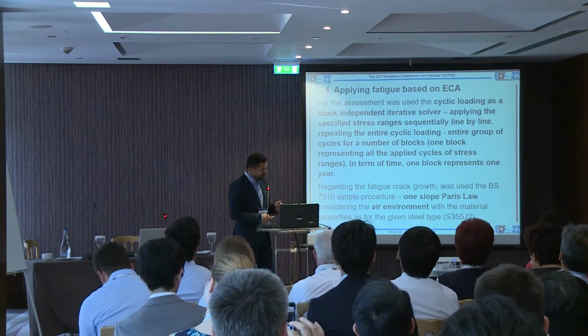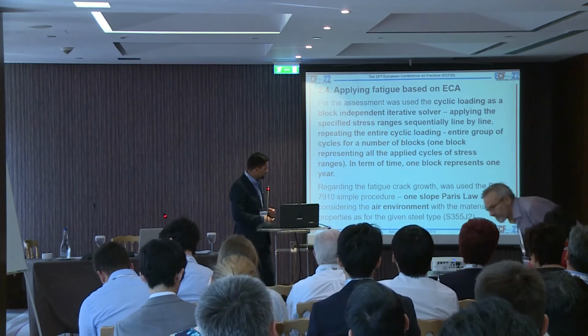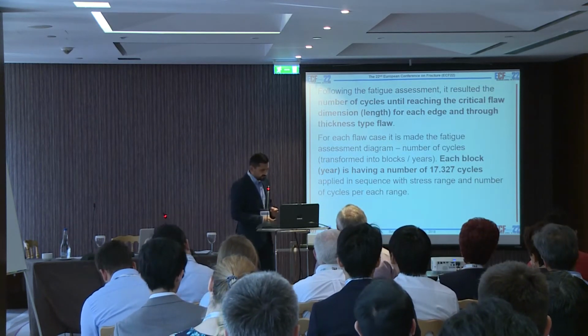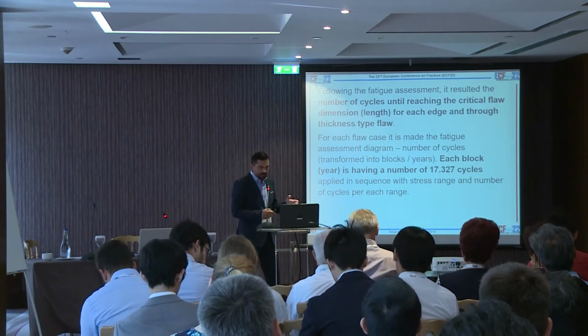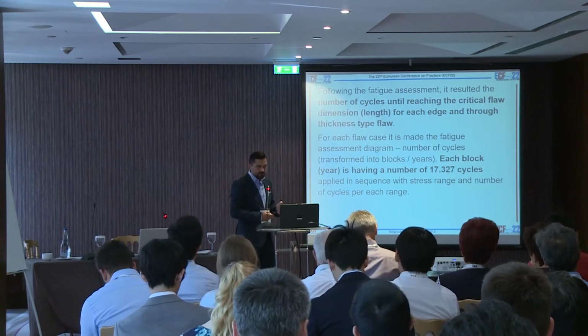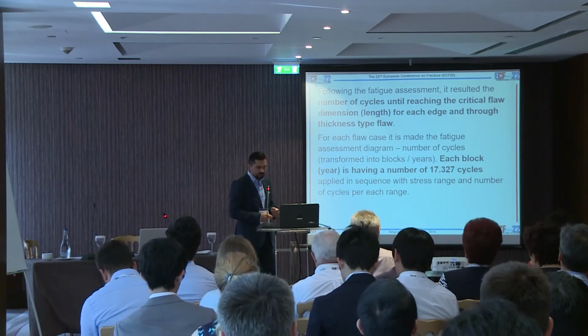The one-slope Paris law was also used, so of course a simpler procedure from the British standard. In the end, we calculated the number of cycles needed for a crack to extend from the initial crack size to the critical one.